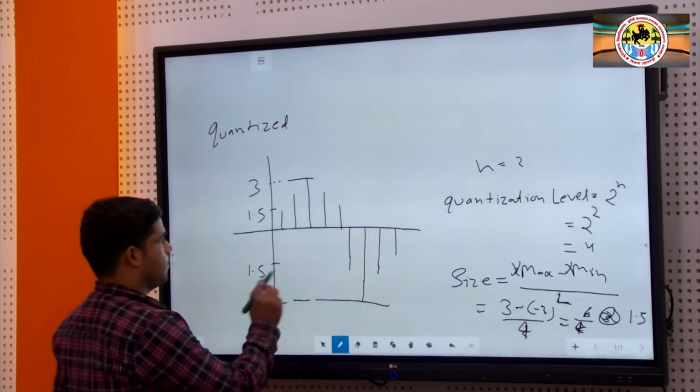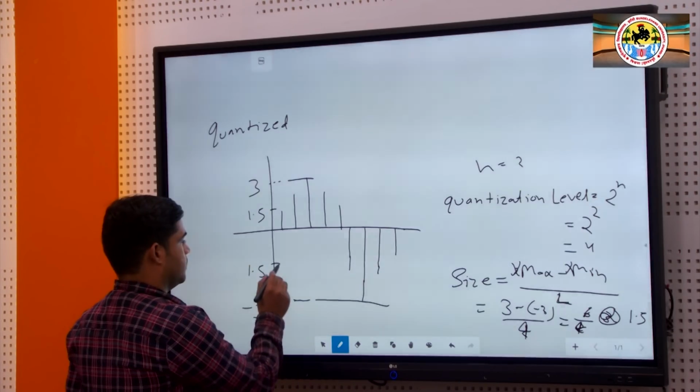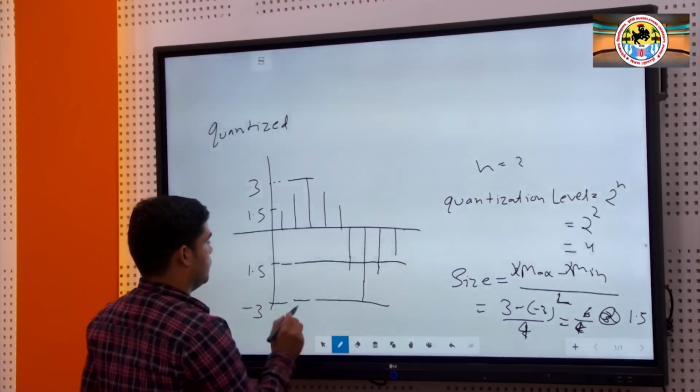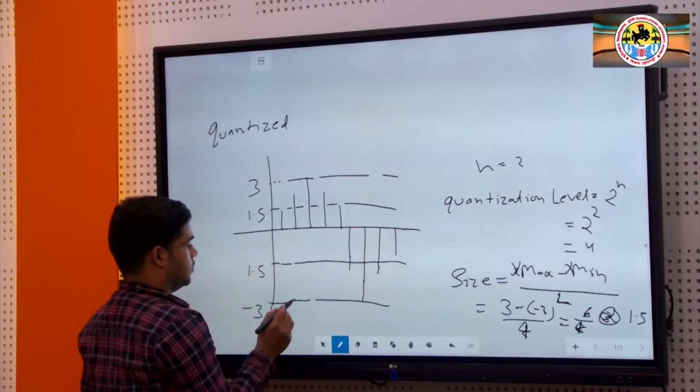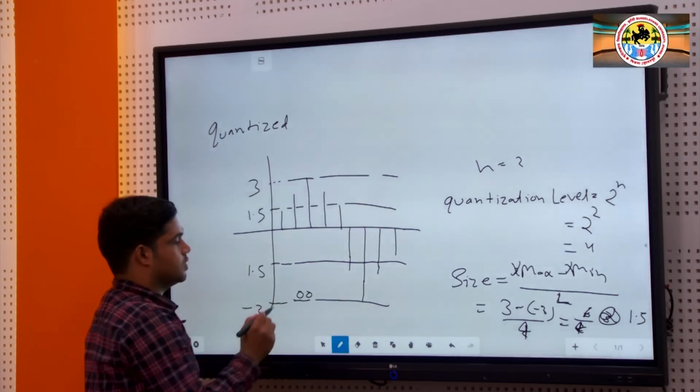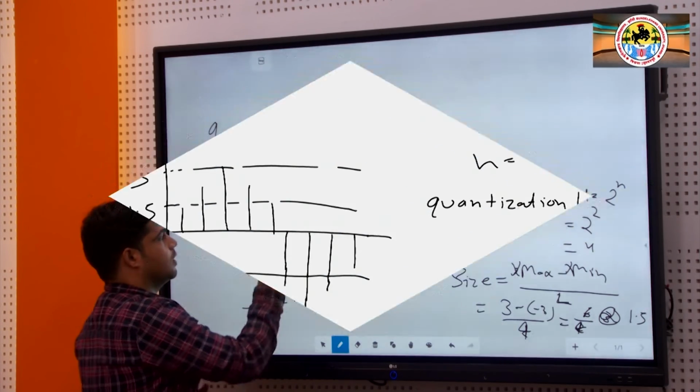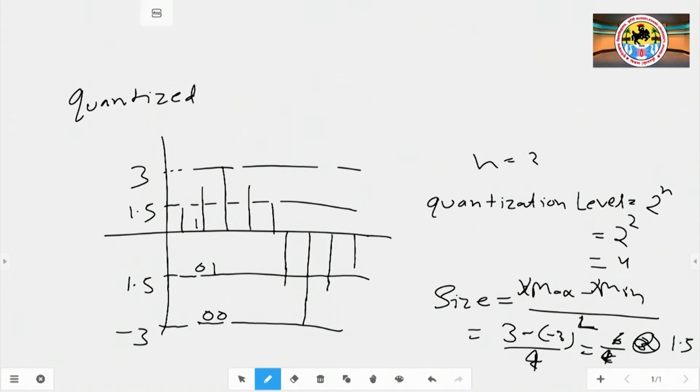So the step size is 1.5. With 4 levels, first level, second level, third level and fourth level, we assign 0 0, 0 1, 1 0 and 1 1.